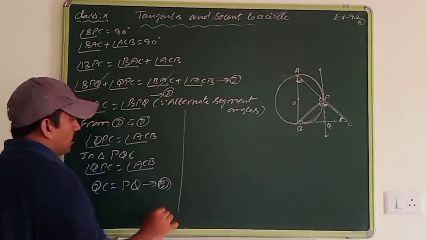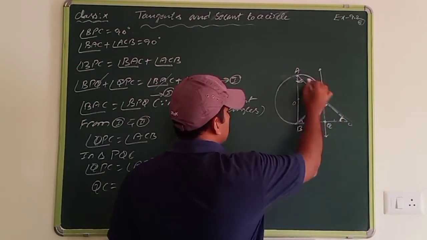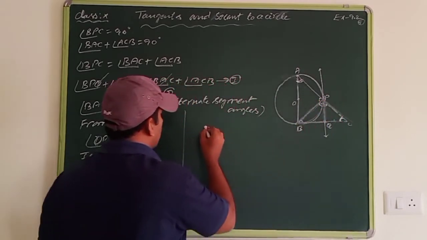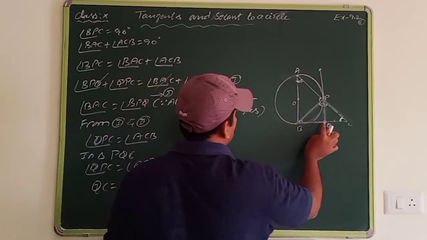Okay. And one more condition I am going to take: this is an external point of a circle. Now these two are tangents, right? So we write here BQ is equal to PQ.